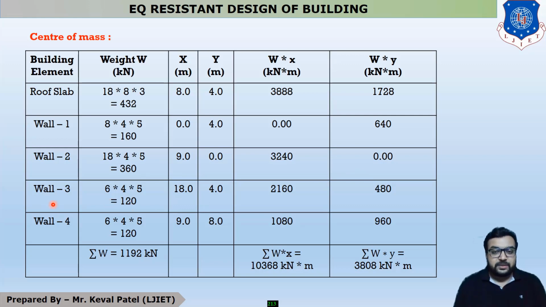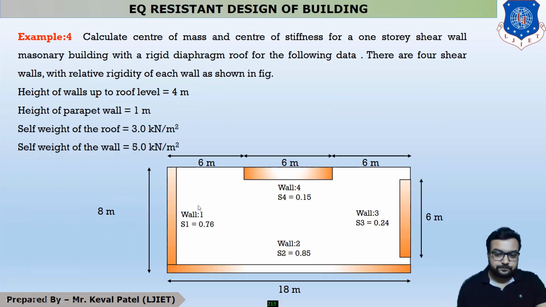Same for wall number 3. So what is the length? Length is 6 meter and height is 4 meter. So our self-weight of wall in kilonewton is 120 kilonewton, and our wall 3 is at 18 meter in x direction and 4 meter, as you can see in this figure. This is our wall number 3.